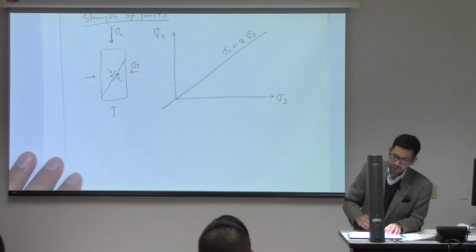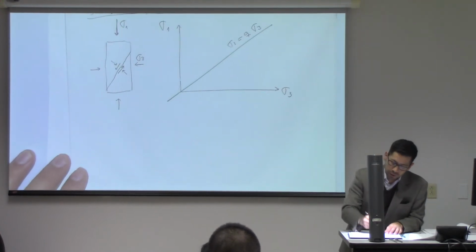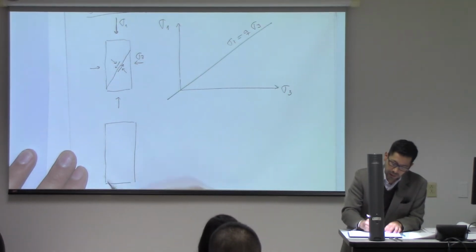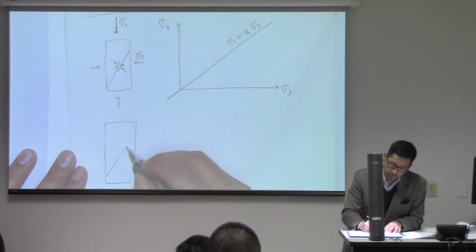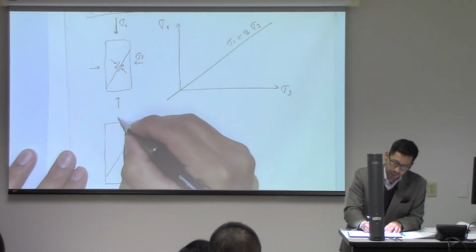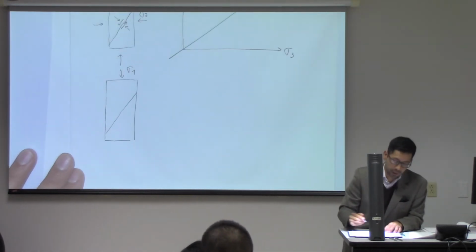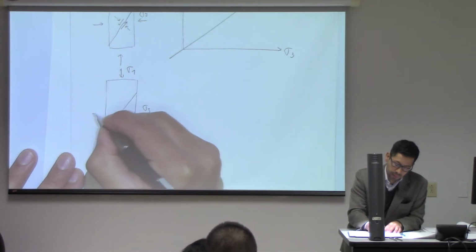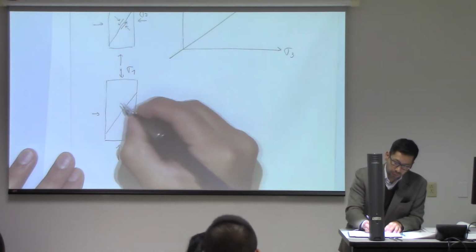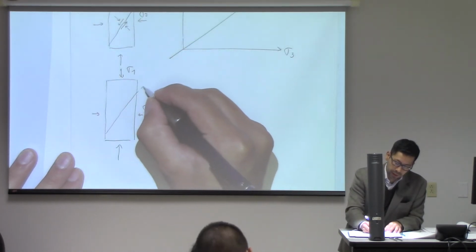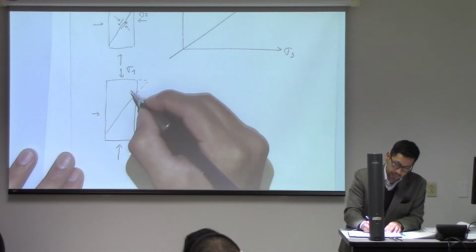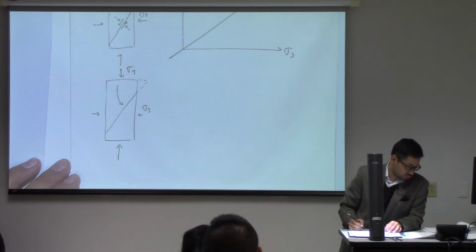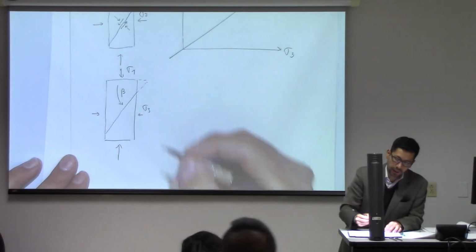And if we remember what was the ideal orientation of a shear fracture as it is loaded to failure, I'm going to just repeat the same plot again. This is sigma 1. This is sigma 3. Do you remember what is going to be this angle over here? We're going to call that angle beta, okay?